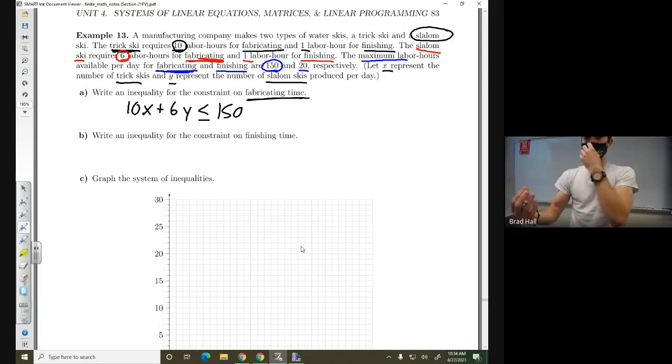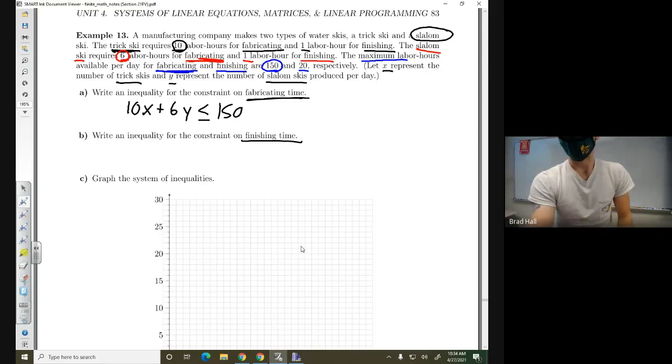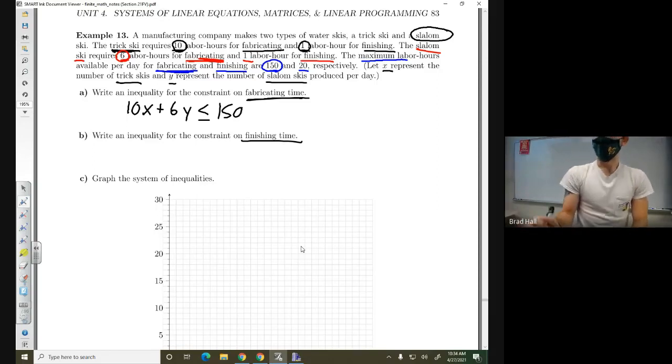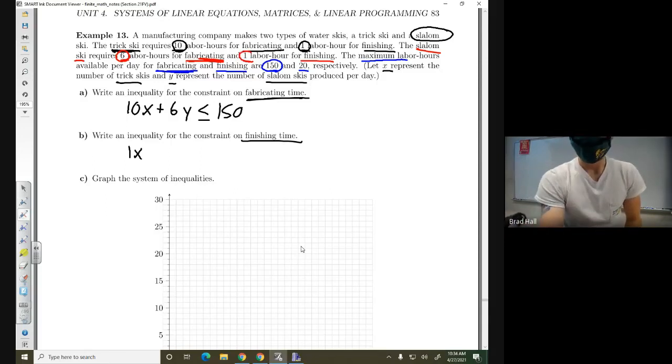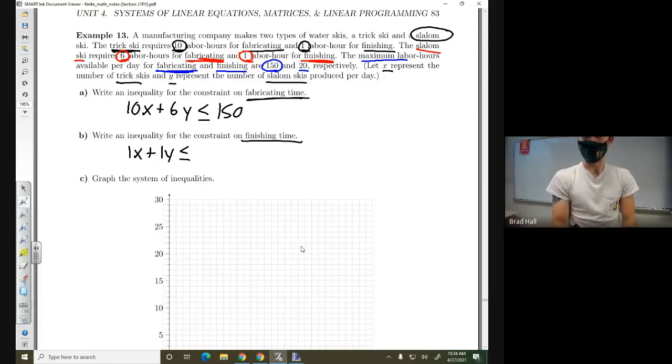And I'm going to do the same exact thing for finishing. Now the first one I see, 1, so that'd be 1X. And then I go on to see 1 for the next time I see the word finishing. Again, it says maximum, so I'm using the same inequality symbol.